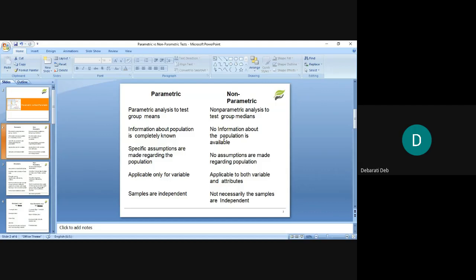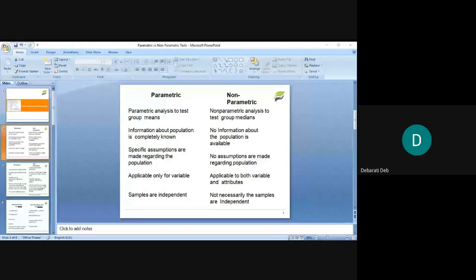If you have 50 respondents, from 50 people you're collecting data, so you will have 50 sets of age data, right? Then again you'll have 50 sets of income data, again 50 sets of gender data, say 1 for male, 2 for female, like that you can collect data. So you will have group data. Then from this group data you can easily calculate the group mean.